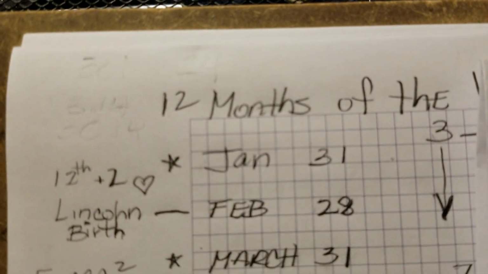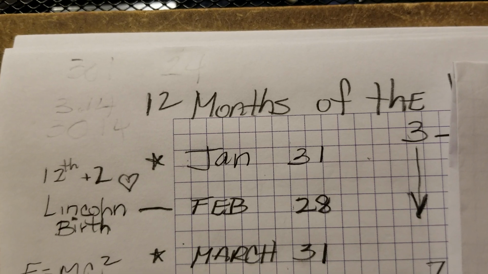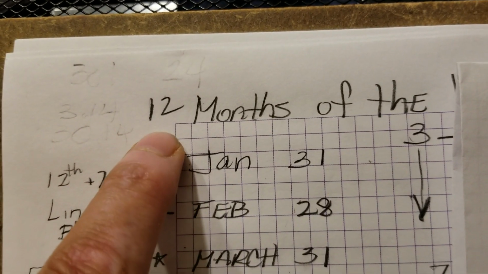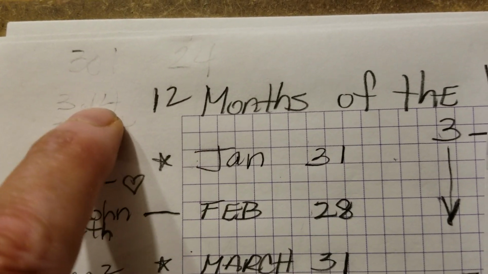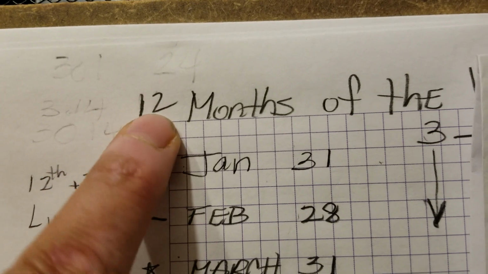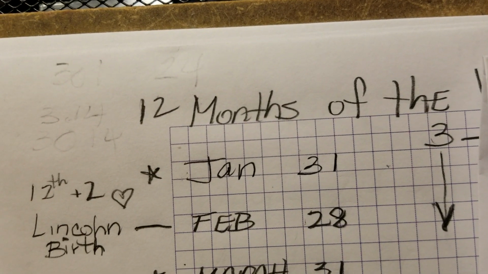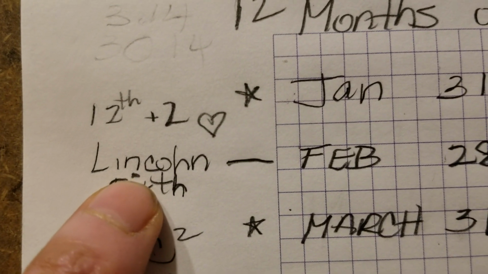So, 12 months. When we think of 12, in reference to someone very popular amongst mankind in the timeline of man, it is Jesus. Jesus had 12 disciples. That was one of my previous lives. My other previous life is Abraham Lincoln.